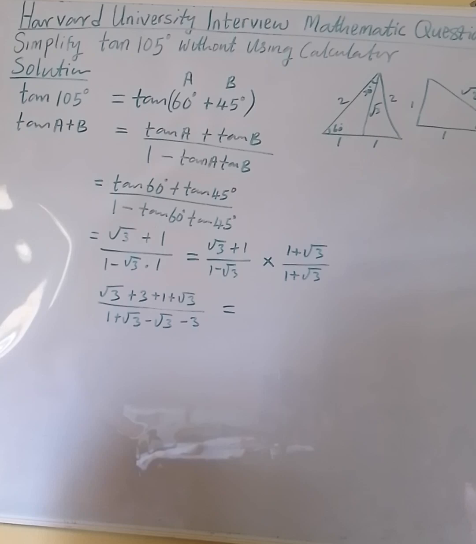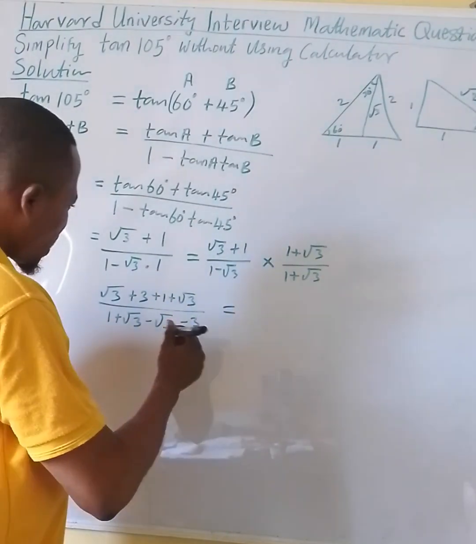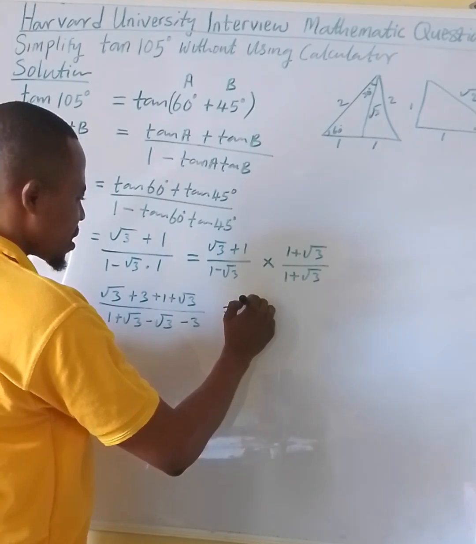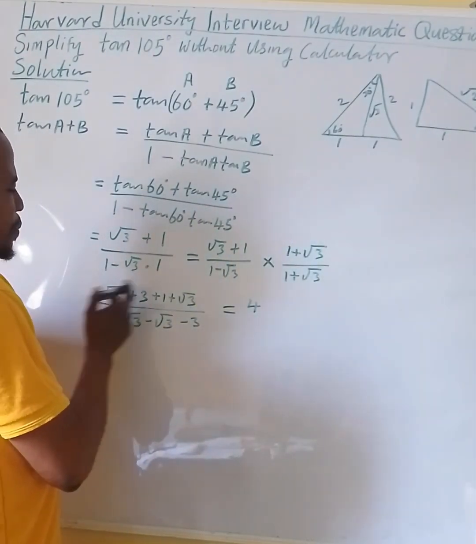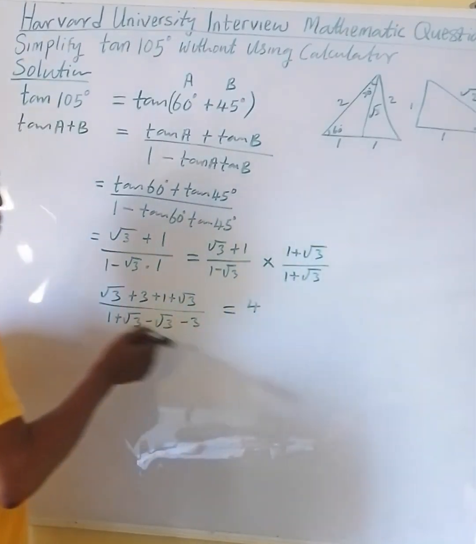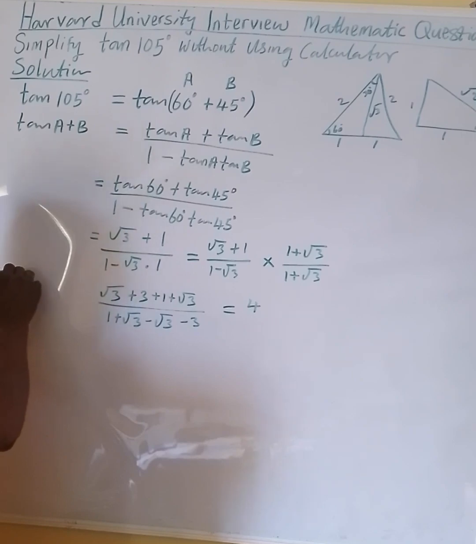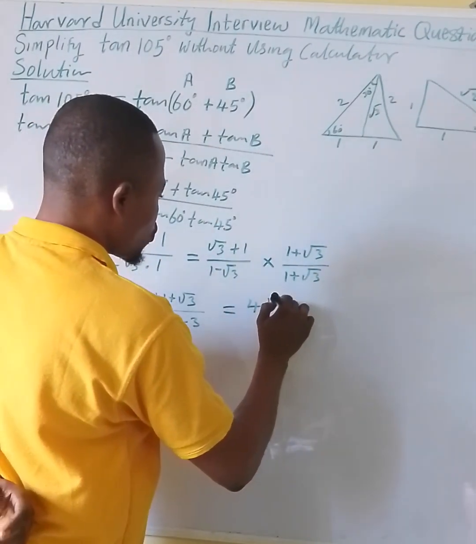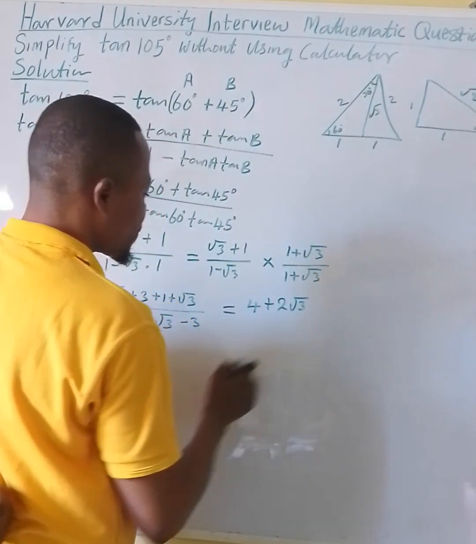Are we together now? So now let's combine what we have. When you look at it, 3 plus 1 will give us 4. Then root 3 plus root 3, it is like when you have x plus x, it will give you 2x. So root 3 plus root 3 will give you plus 2 root 3.